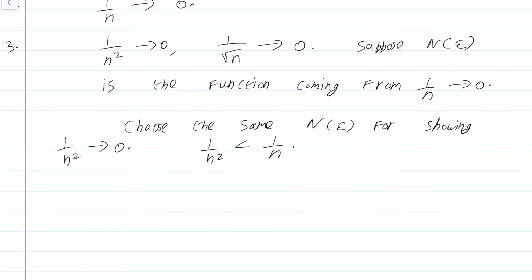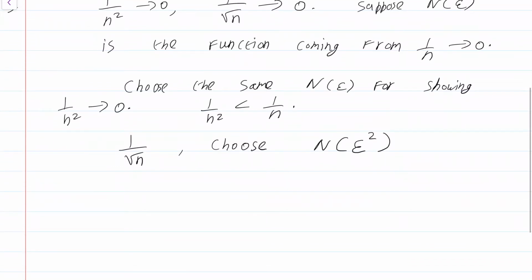What about for 1 by square root of n? Well, just choose N of epsilon squared. How does this help?